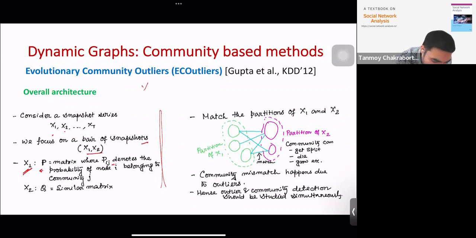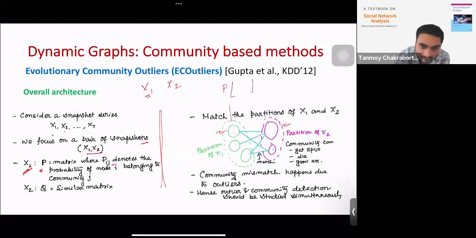You have snapshot X1 and you have X2. Let's assume you already identified the community structure. Say you ran Louvain and identified three communities in X1 and two communities in X2. Then at X1 you can create a matrix P, called the belongingness matrix, where every entry Pij indicates the probability of node i belonging to community j.